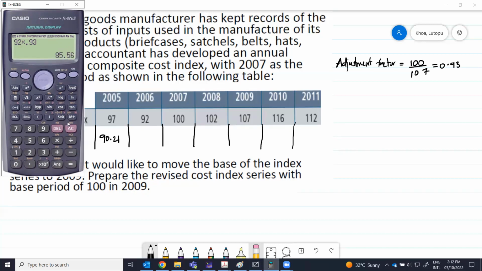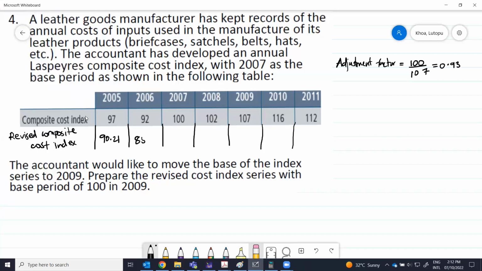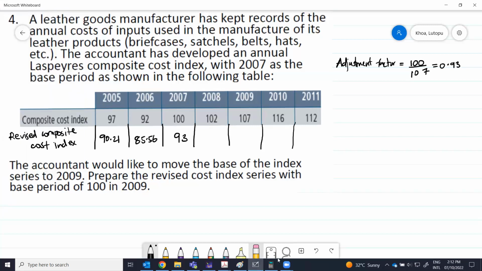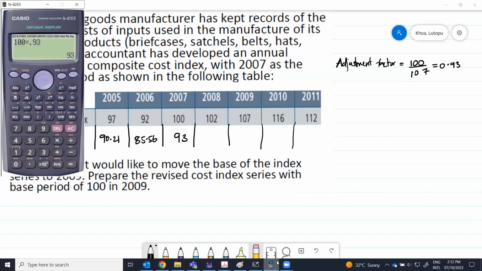This gives 85.56. And 100 times 0.93. This is just 93. Then 102 times 0.93. This is 94.86.